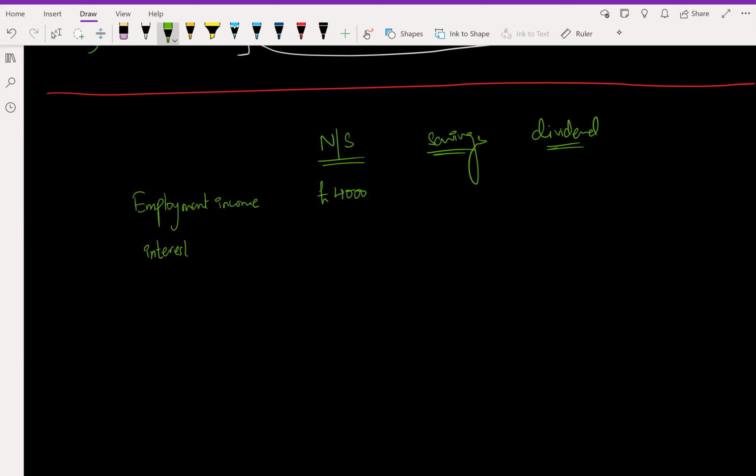Interest income, or let's make this £20,000. This is £10,000. And let's say dividend income is £5,000. So let's categorize this like this.